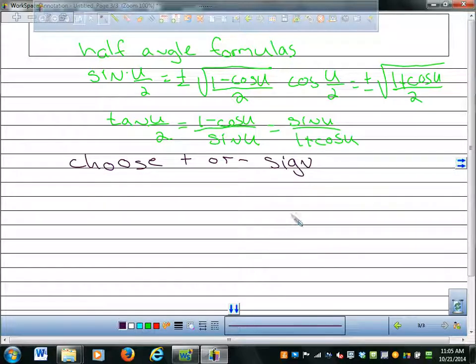Positive, negative, depending on the sign of u over 2. And I'll show you what I mean in a second. Okay? So S-I-G-N, like whether it's positive or negative.